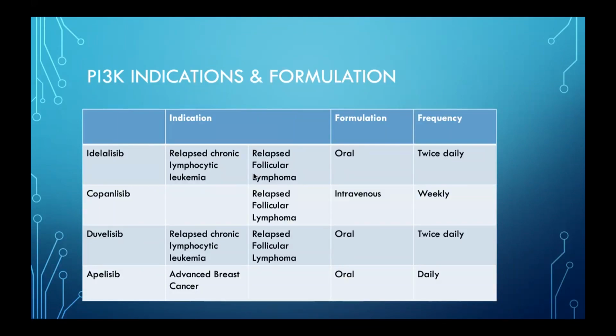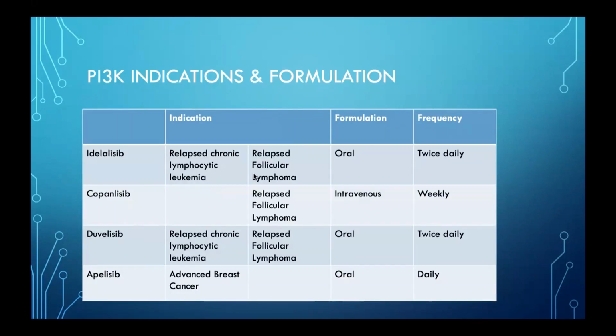Looking at our indications, most of these are approved in follicular lymphoma or CLL: idelalisib in CLL and follicular, copanlisib only in follicular, and duvelisib in both. And then alpelisib is kind of our black sheep that's approved in advanced breast cancer. So I'll talk about that briefly, though I'll admit that's not an agent that I frequently deal with.